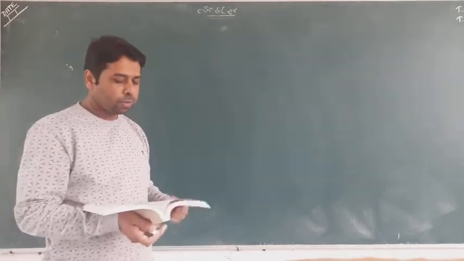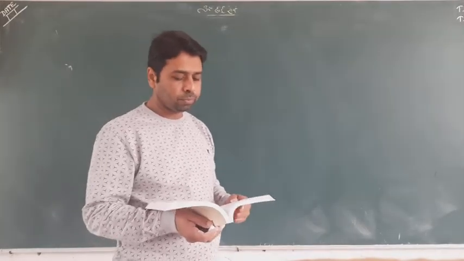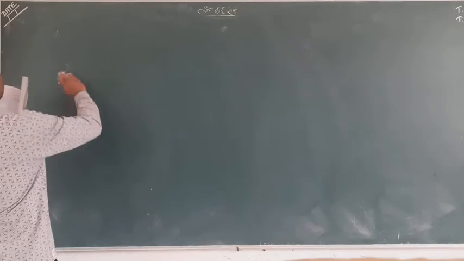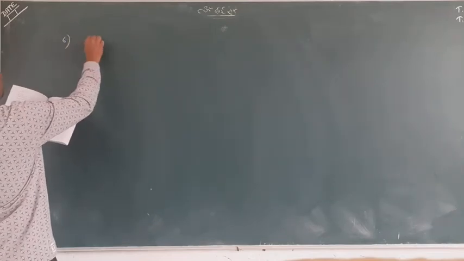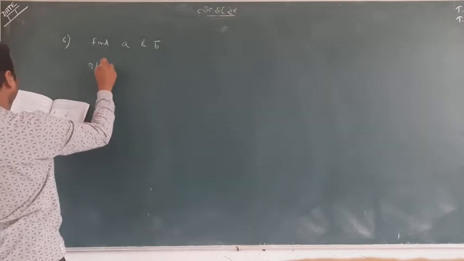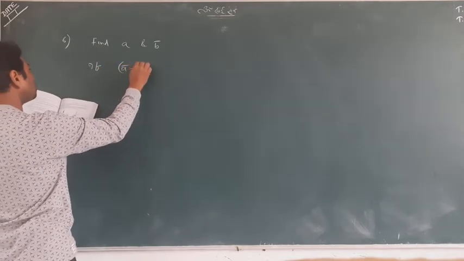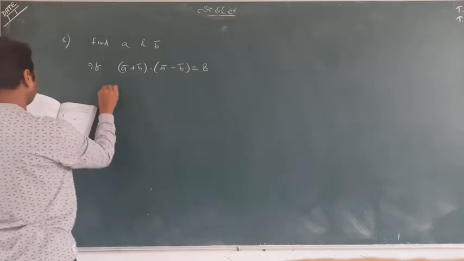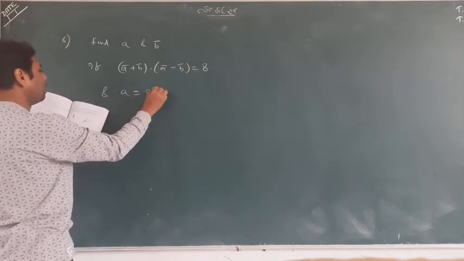We have question number 6. The question is, find mod A and mod B if A plus B dot A minus B equals 8 and A equals 8B.